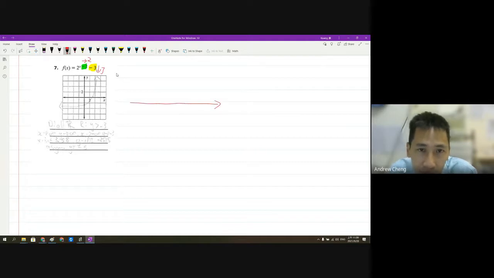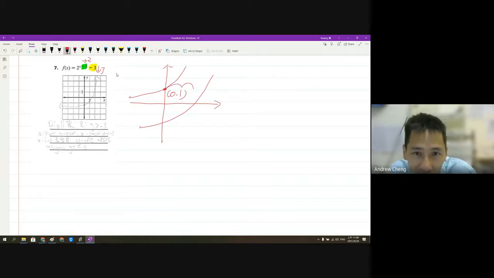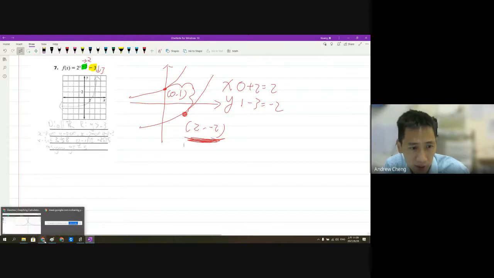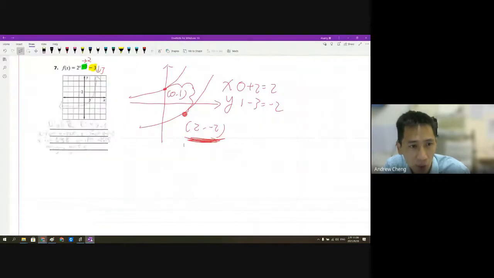So your graph looks like this. The point (0, 1) moves right 2 and down 3, so it goes to the point (2, -2), because 0 plus 2 is 2 for x, and for y, 1 minus 3 equals -2. If you're not sure, use Desmos to help you.